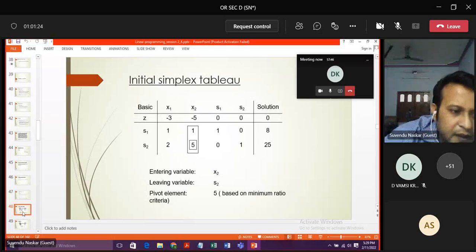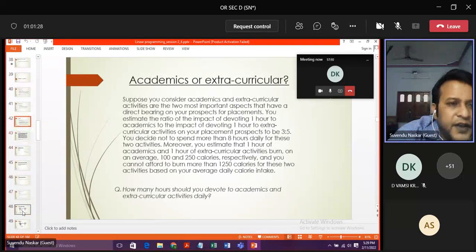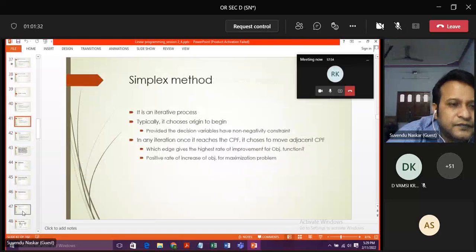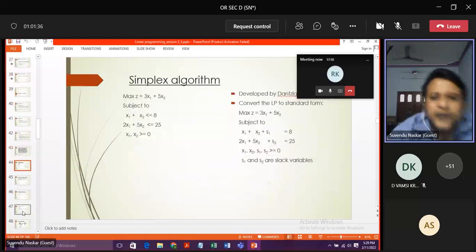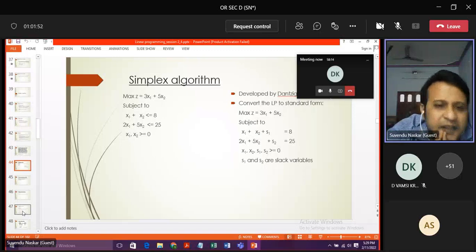Okay, I'll come back again here. Once again, this is 48. Look at this simplex algorithm in the left hand side. Now, can anybody tell me, someone answered, x2 or EC has the highest impact.